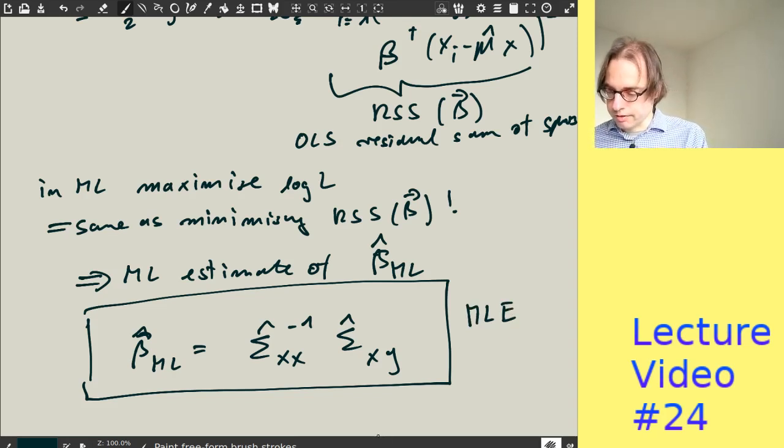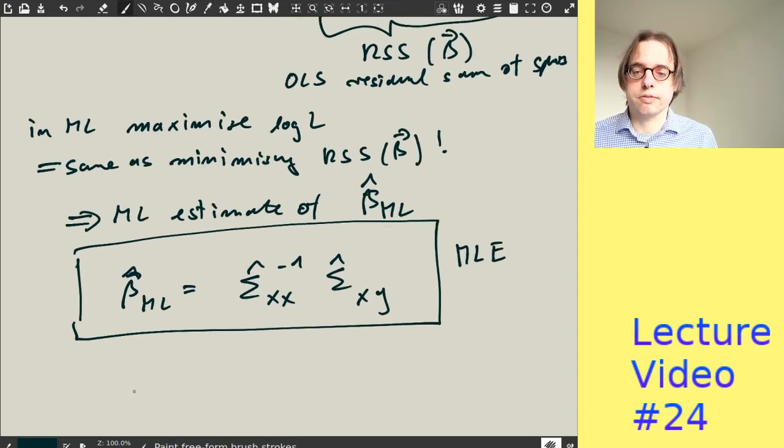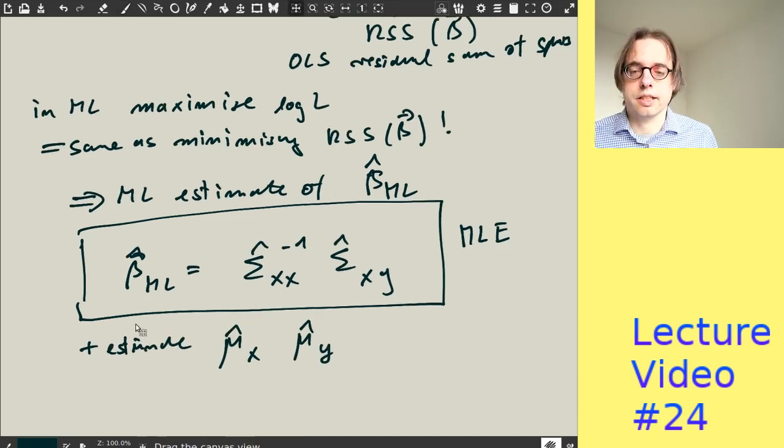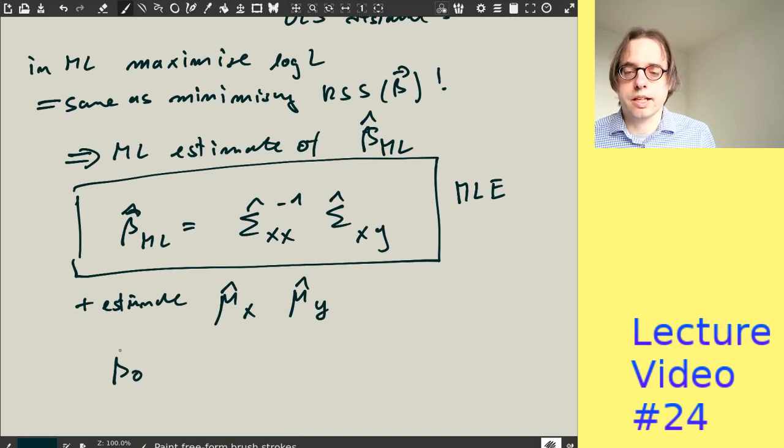So you can find further details. Once we have the estimators of mu hat x and mu hat y, this leads to beta naught hat ML as mu hat y minus beta hat transpose ML mu x.